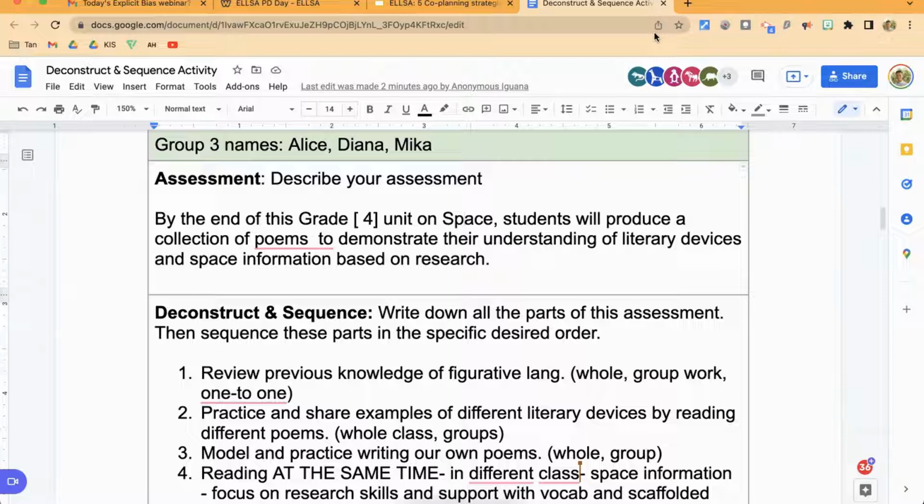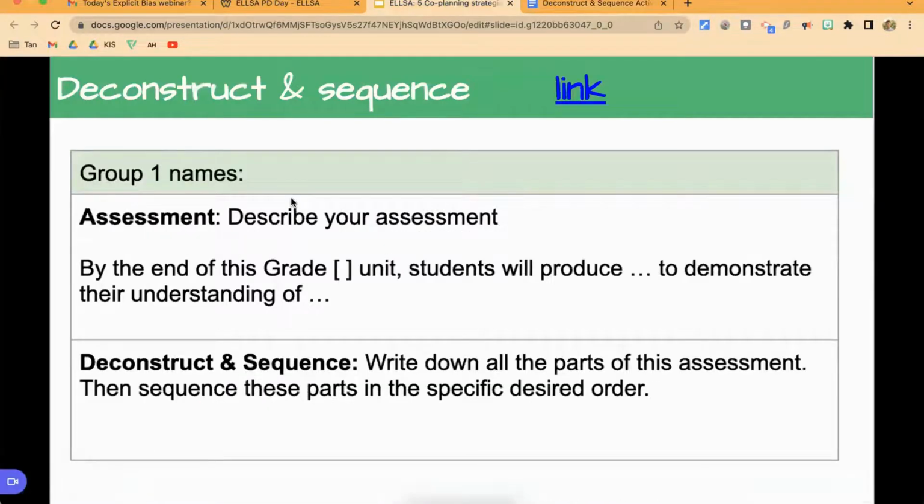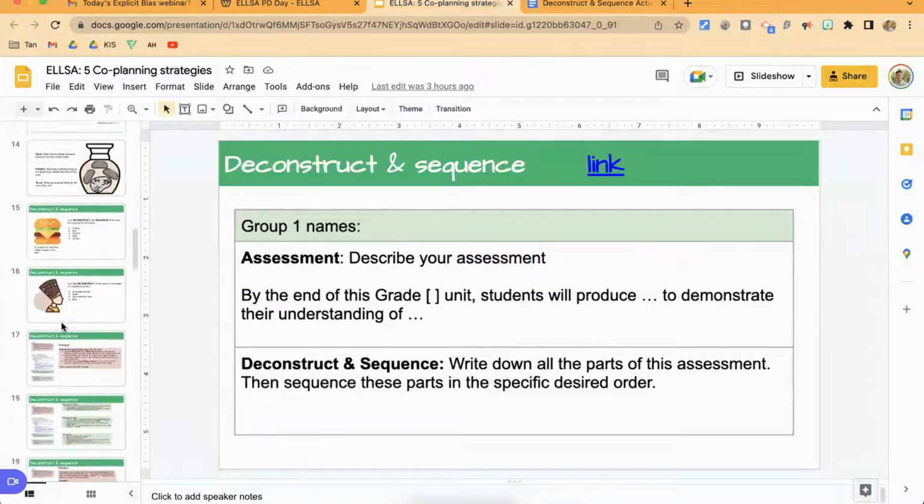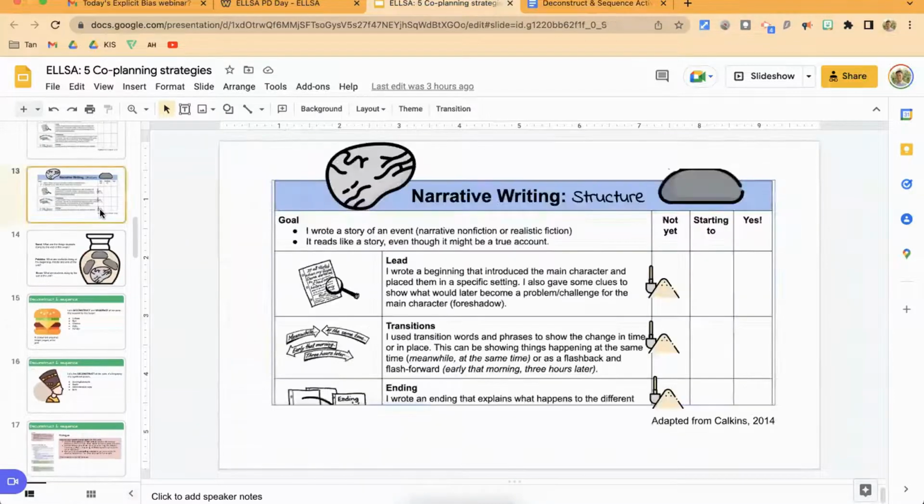How can I add the prompts? How can I add the visuals? That's fantastic. Miriam, the task can be broken down into specific lessons. Nice. Just like I shared over here, every lesson can now be broken up into smaller granular parts because we know that's what the assessment is.